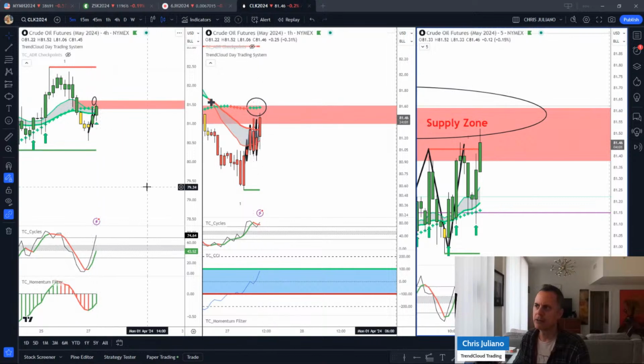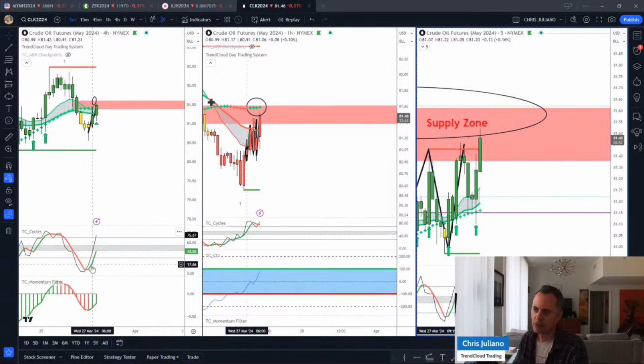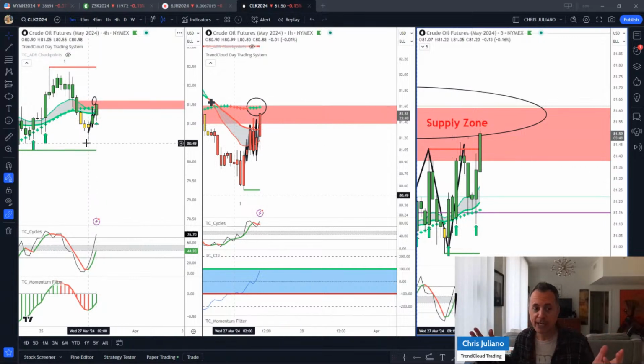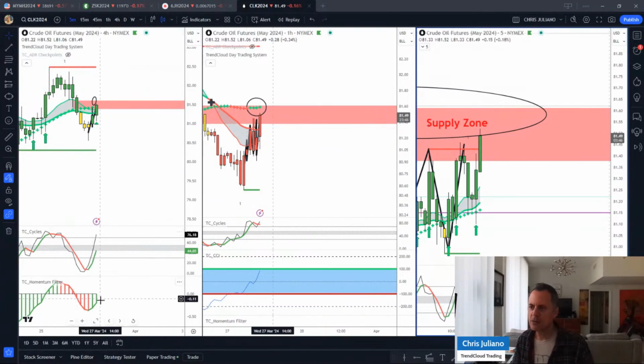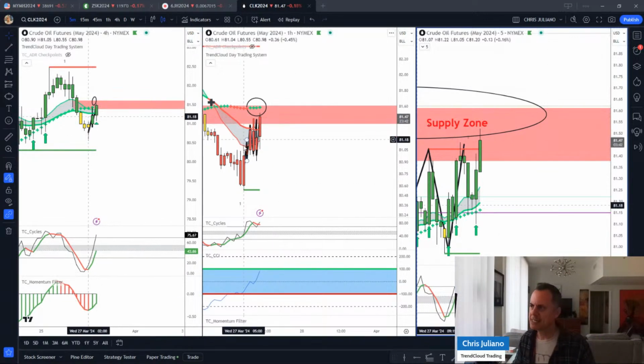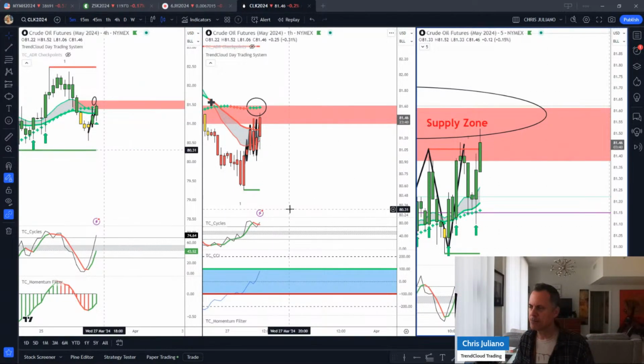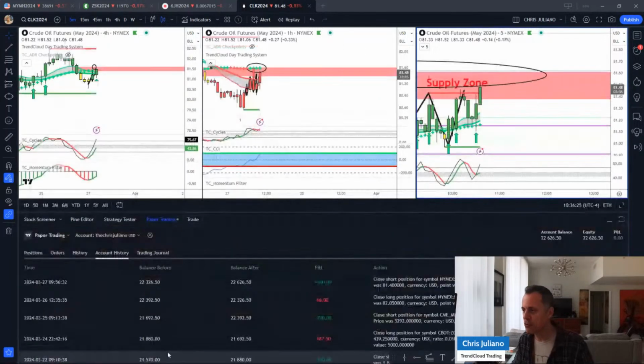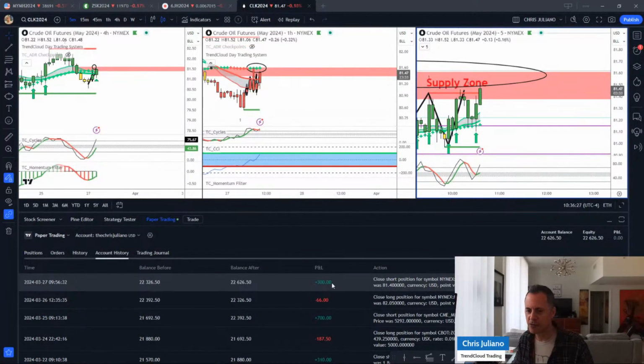TrendCloud right there, giving you a warning: this might go higher. Cycling up, 4-hour chart, candles turn green again, momentum is up. We had really nice downward momentum and trend on the 1-hour chart, and that's how we captured that $300.